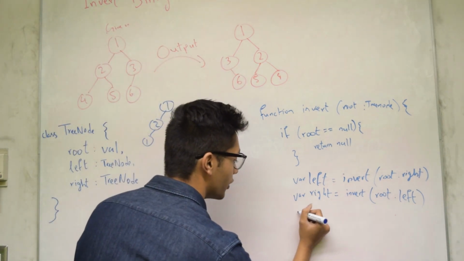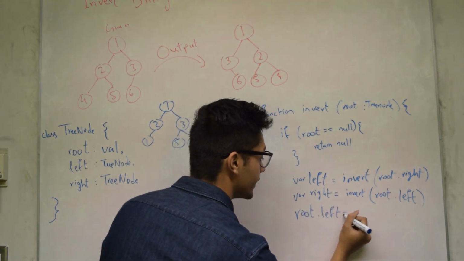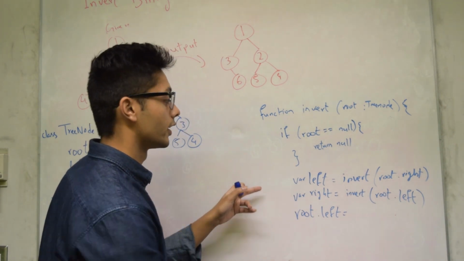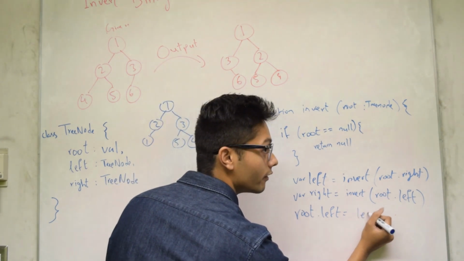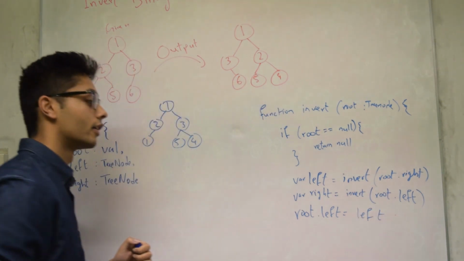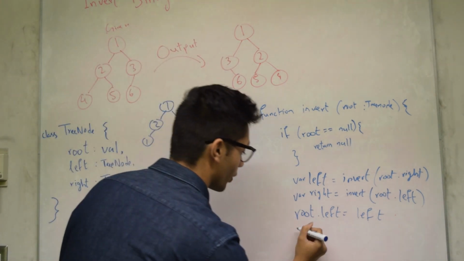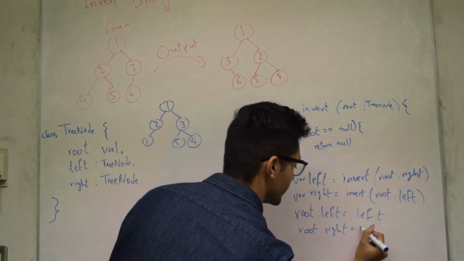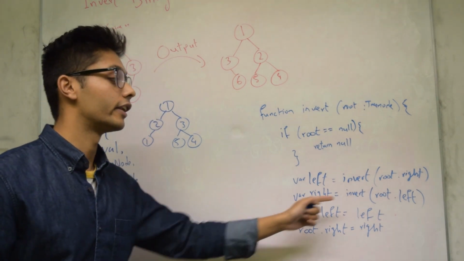To do that, you just do root dot left is equal to the left variable we just declared, because the left is the inverted right. And root dot right is equal to the right, because the right is the inverted left node.